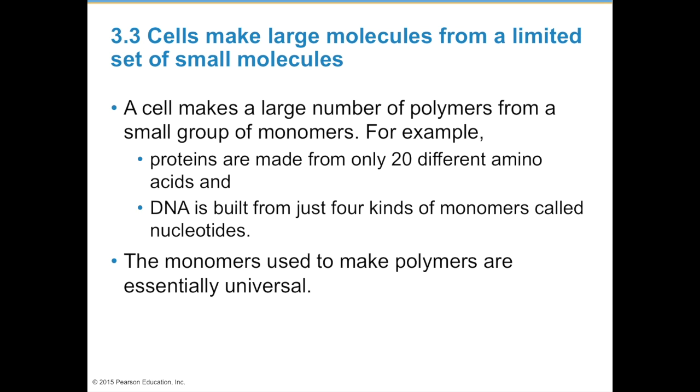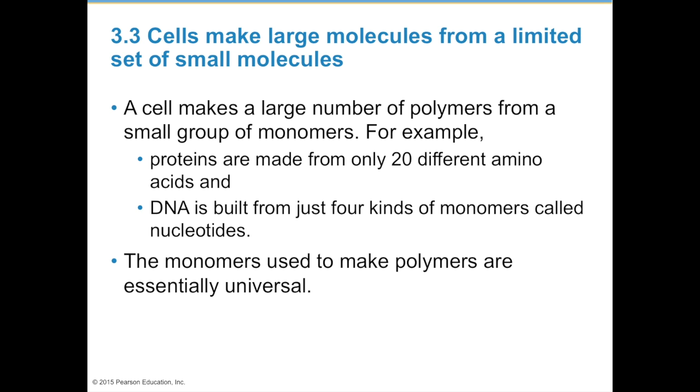So a cell makes a large number of polymers from a small group of monomers. For example, proteins are made up of only 20 different amino acids. DNA is built from just 4 kinds of monomers called nucleotides. The monomers used to make up polymers are essential to the universe.